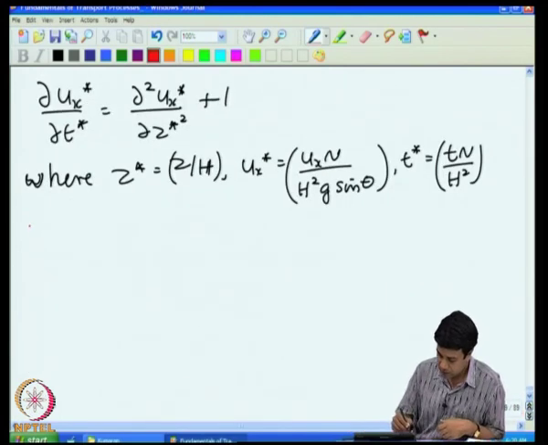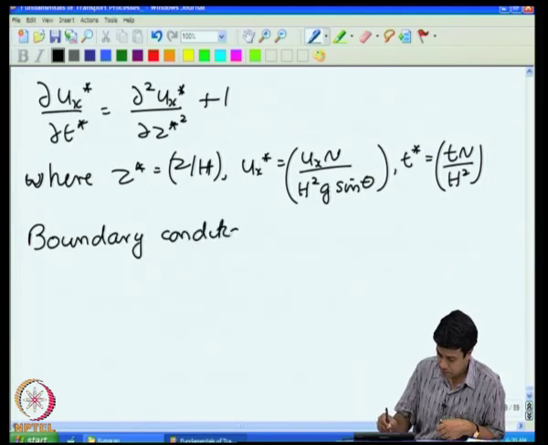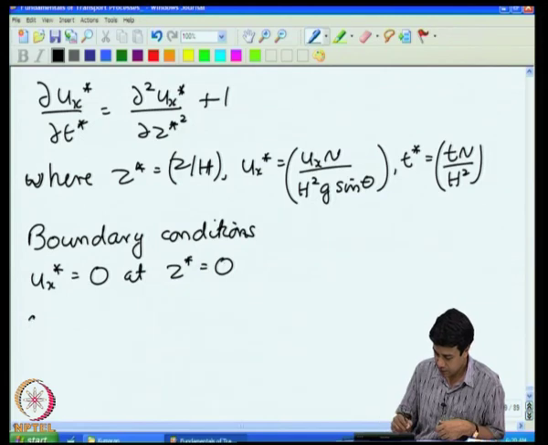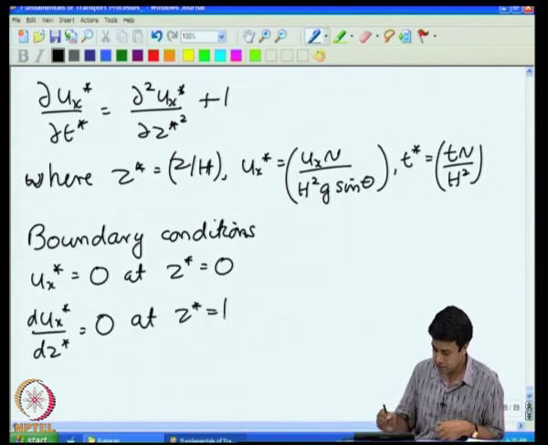So, what are the boundary conditions? ux star is equal to 0 at z star is equal to 0 and dux by dz is equal to 0 at z star is equal to 1.